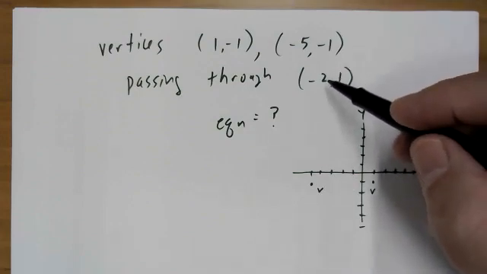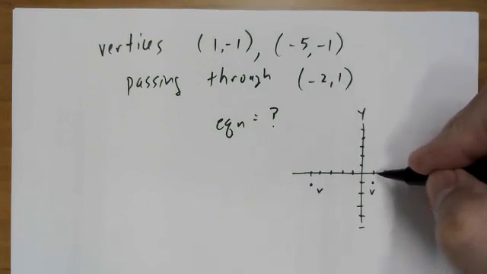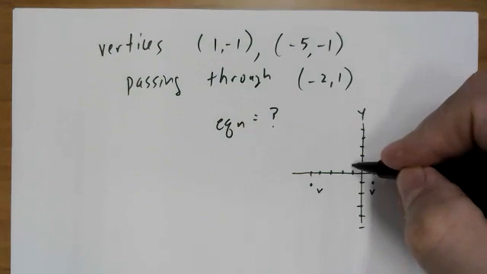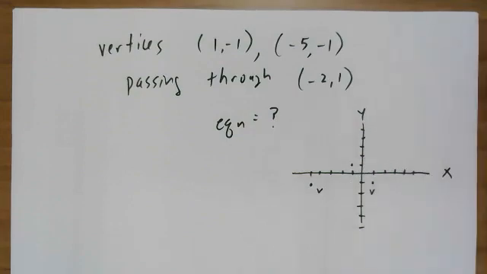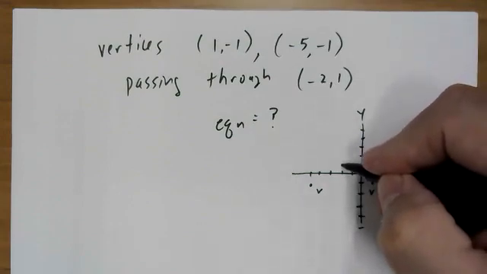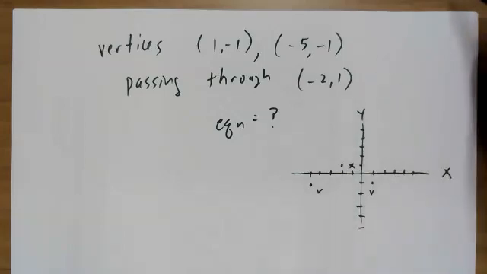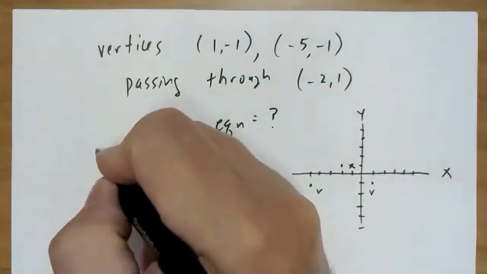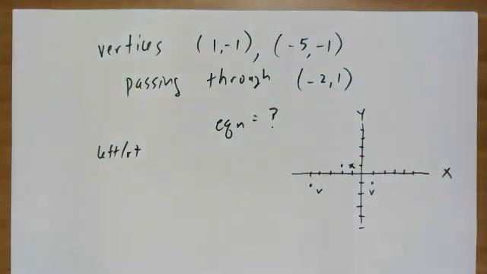And just for fun, let's go ahead and plot this point here, -2, 1. So basically we know the ellipse is going to go through this point. Oops, I graphed it wrong. Sorry. It's going to go through this point. So if we know it's a left or right ellipse, let's go grab the standard equation for a left or right ellipse.